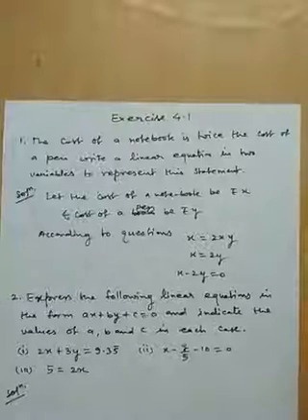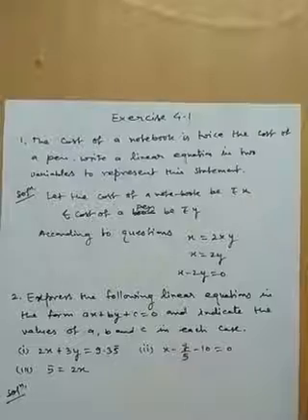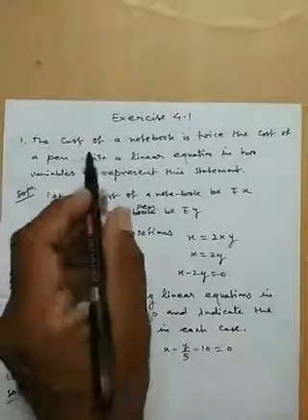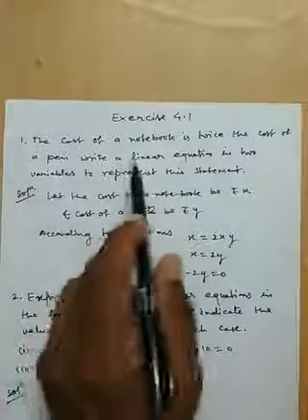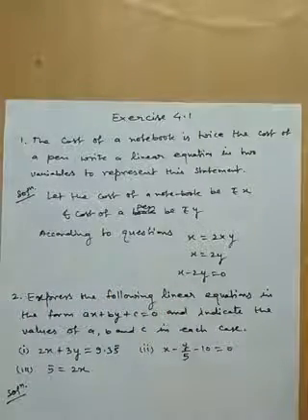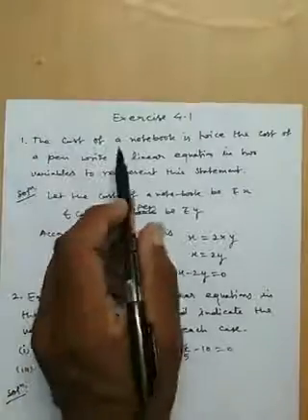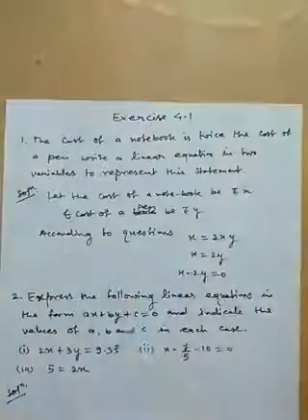Next, we will take some practice questions for this chapter. First question is, the cost of a notebook is twice the cost of a pen. Write a linear equation in two variables to represent this statement. Here two variables are given, one for the cost of a notebook and another for the cost of a pen.